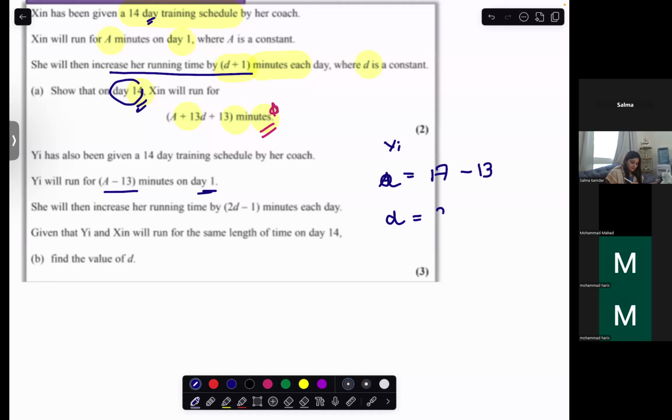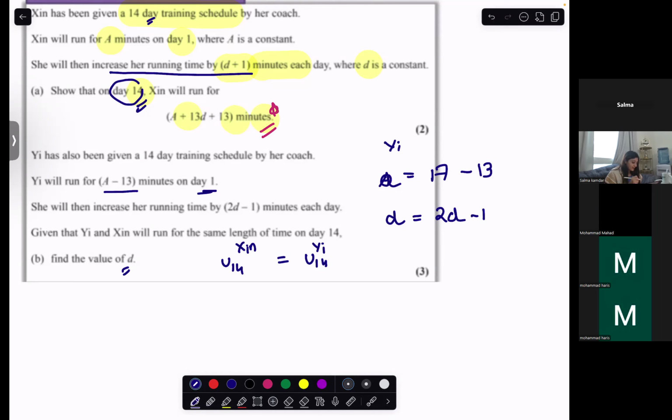Given that Yi and Jin will run for the same length of time on day 14, find the value of D. So that means U14 for Jin is equal to U14 for Yi.